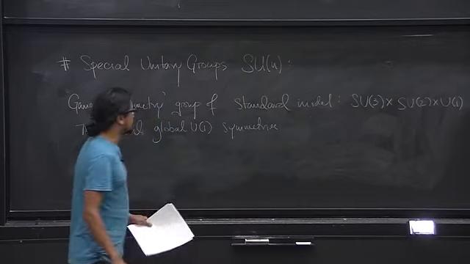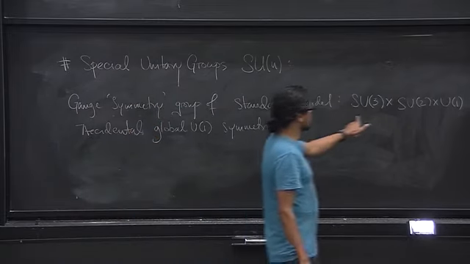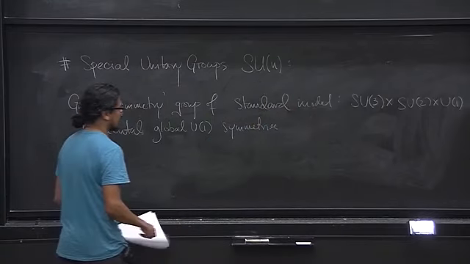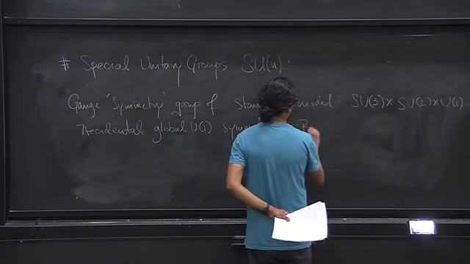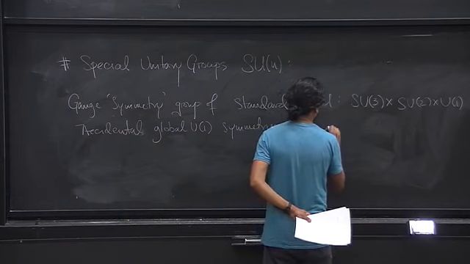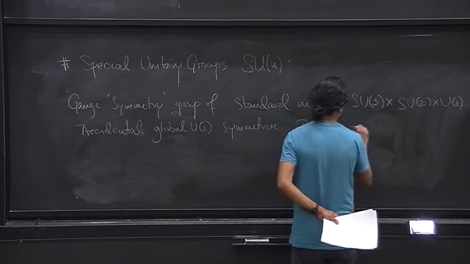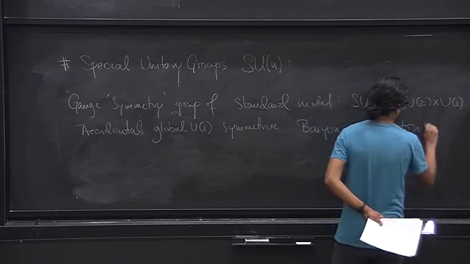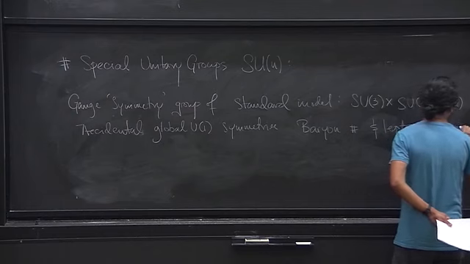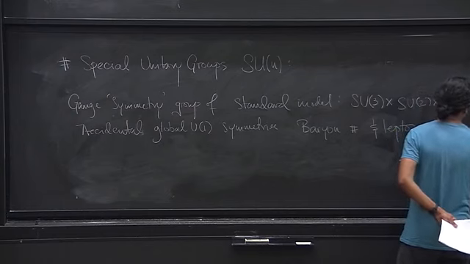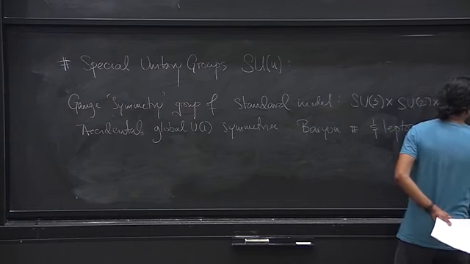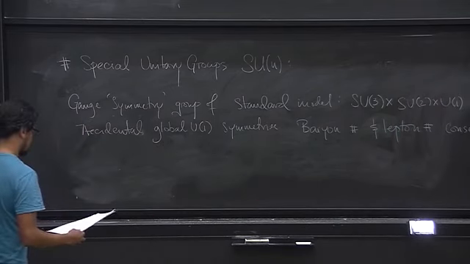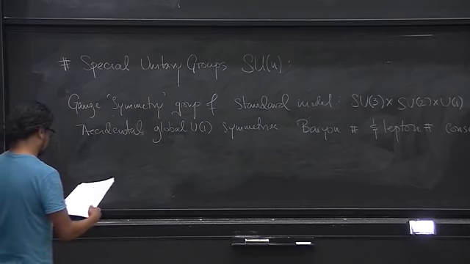What I mean by accidental is that once you have fixed your Lagrangian to respect that symmetry, those symmetries come for free, such as the baryon number and lepton number conservations. Those are examples of accidental symmetries. Okay, so what is an SUN group?